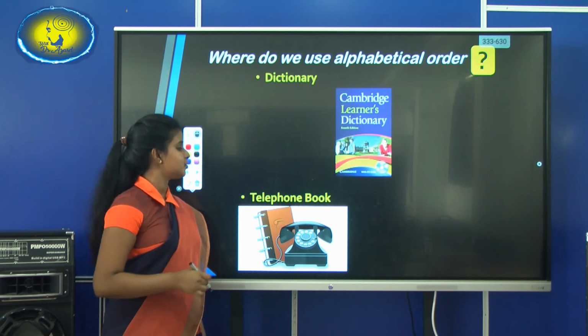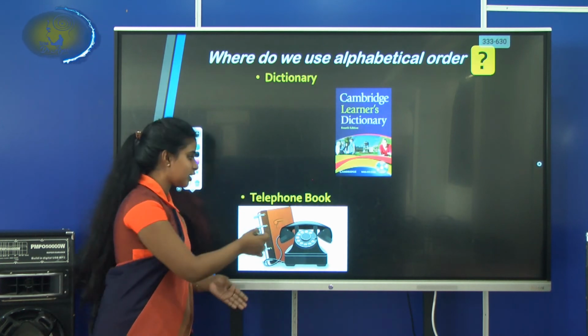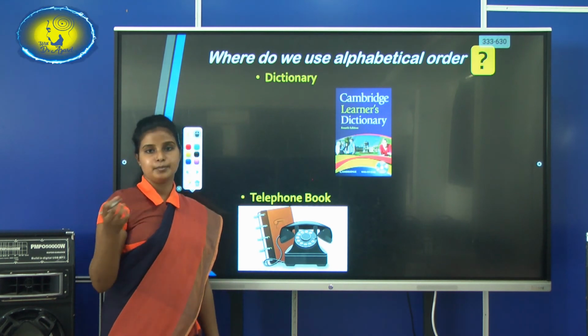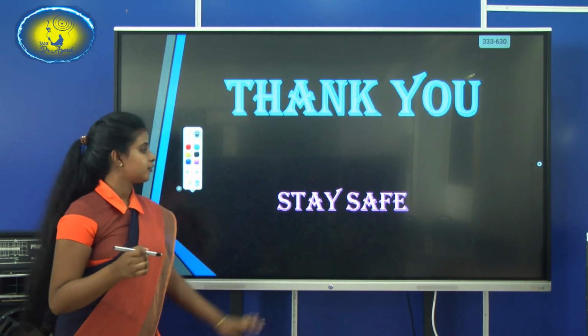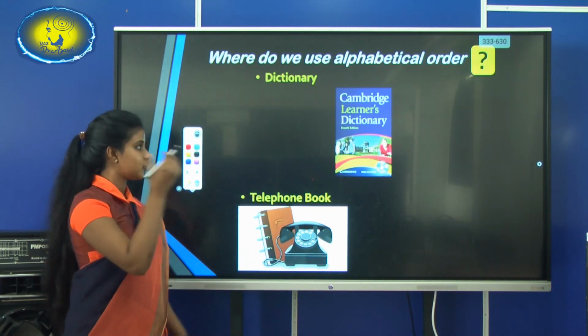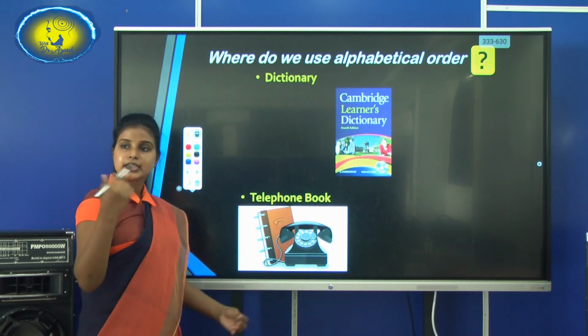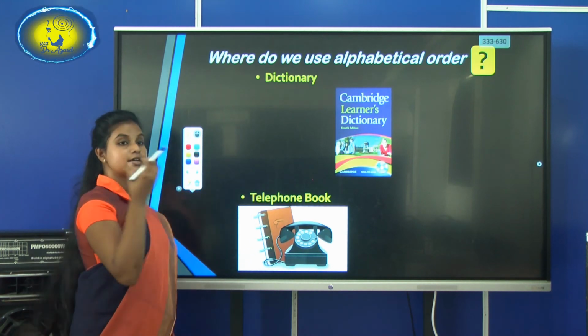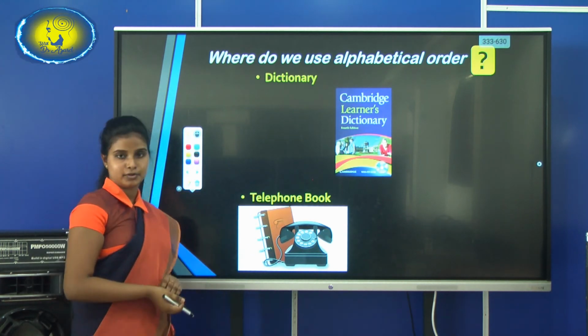What will you do? You have to search this telephone book and get the number. So, if you have knowledge about alphabetical order, it's easy to find a word in a dictionary, and it's easy to find a contact number in a telephone book.